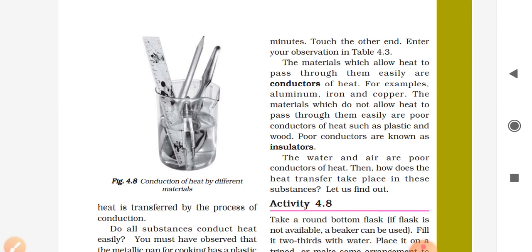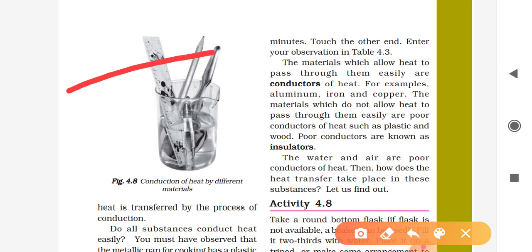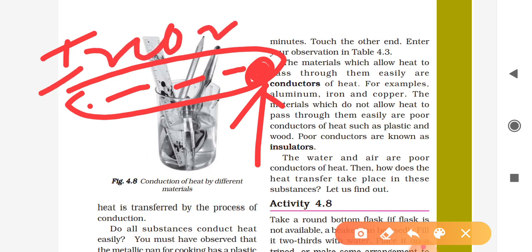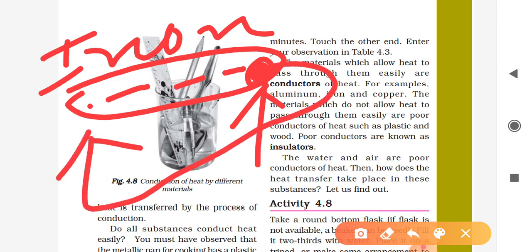Once you have noticed whether the heat is transferred, the materials which allow heat to pass through them easily are called conductors. That means if we have a metal strip, say an iron strip, and you give a flame here, it allows the transfer of heat, so this is called a conductor.